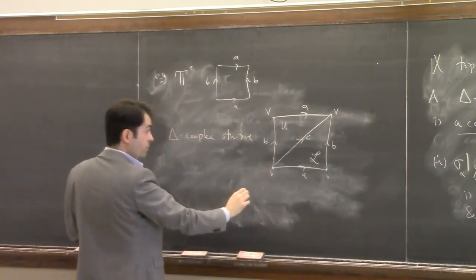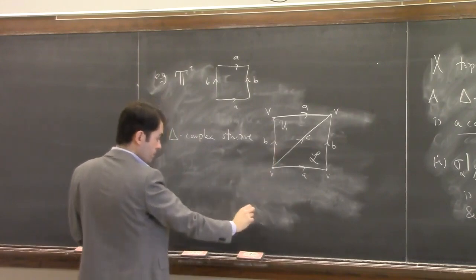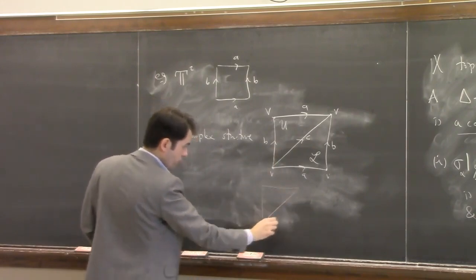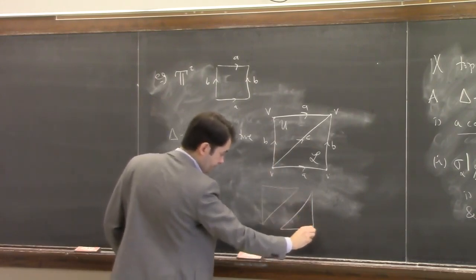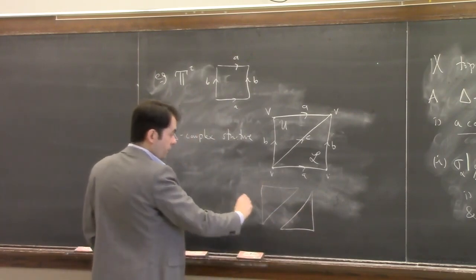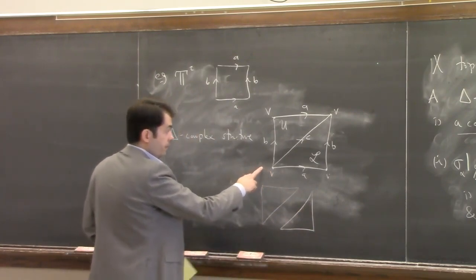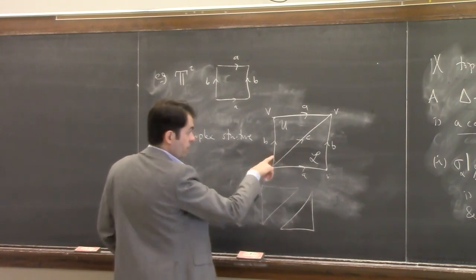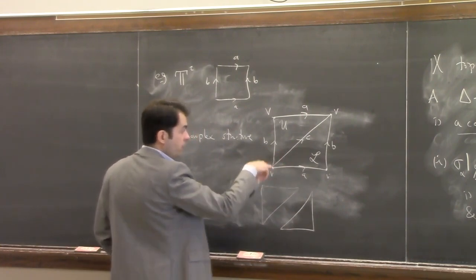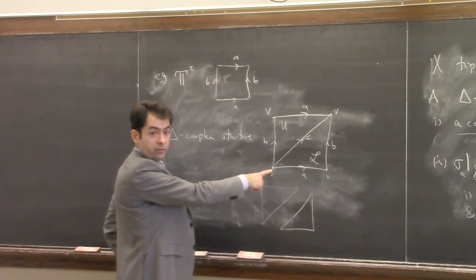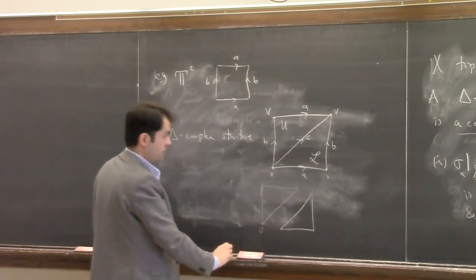So let's say here's U and here's L. So the orientation on this is, well, both arrows are leaving this vertex, so it has to be 0.